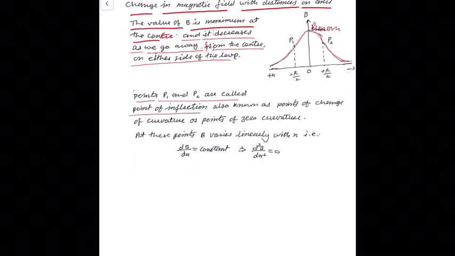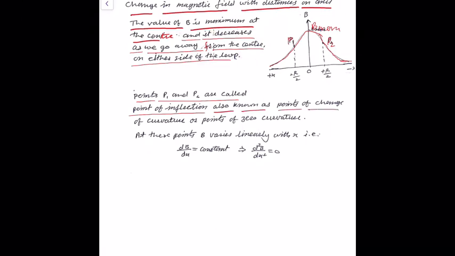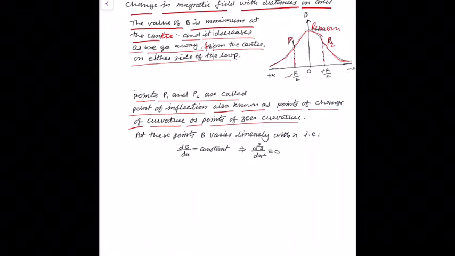Points P1 and P2 are called points of inflection. Here points P1 and P2 are also known as points of change of curvature or points of zero curvature. Here P1 is at a distance minus R by 2 and P2 at plus R by 2.